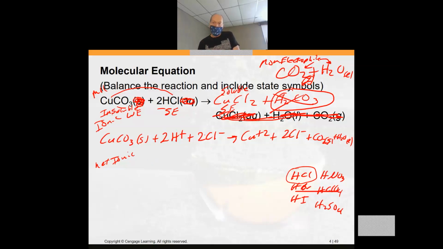All right, so then when you see your ions, you have 2Cl minuses on both sides, and that's it. So your net ionic is CuCO3 solid plus 2H plus yields Cu plus 2, CO2, and water.